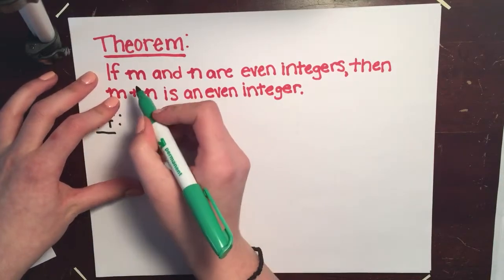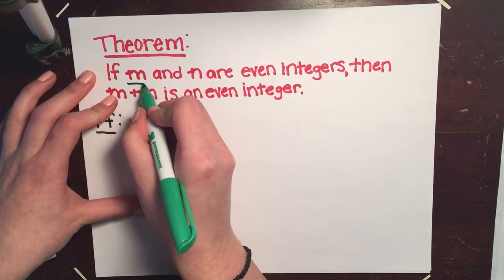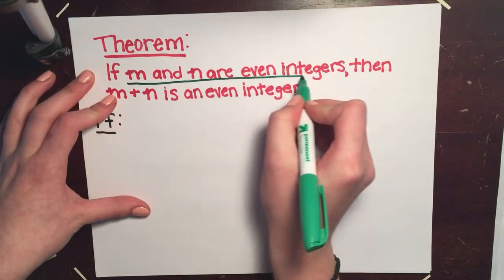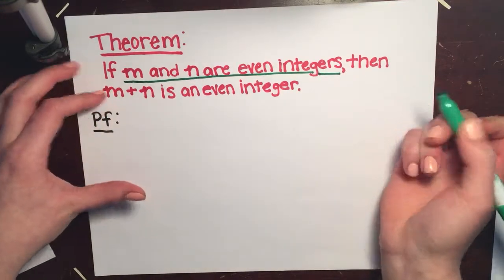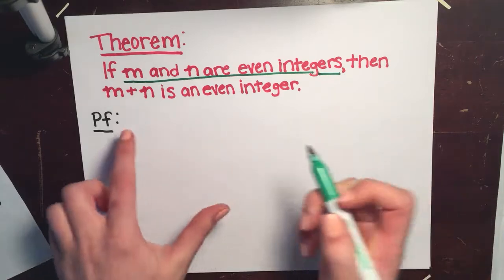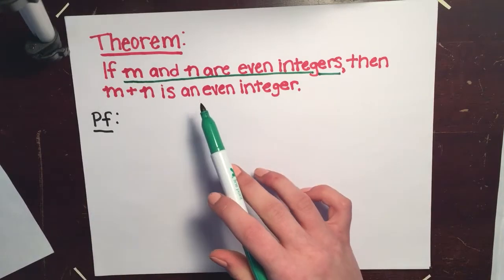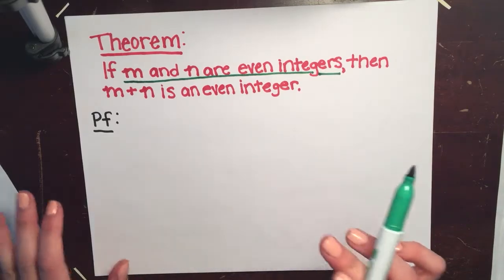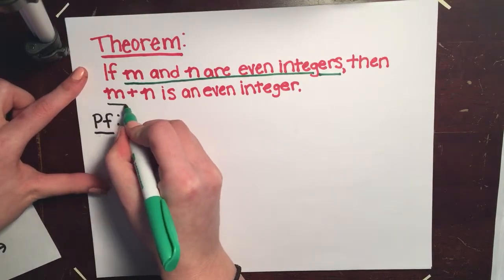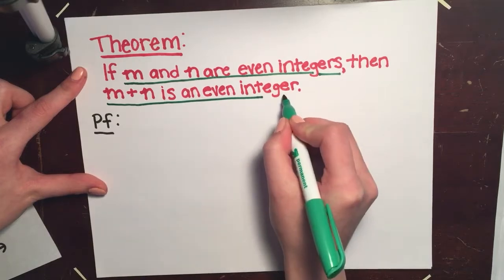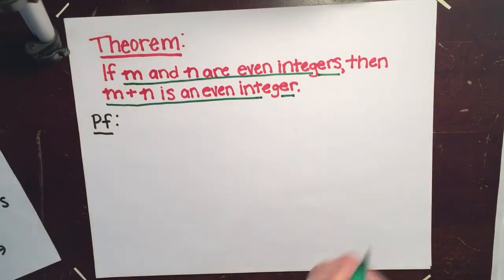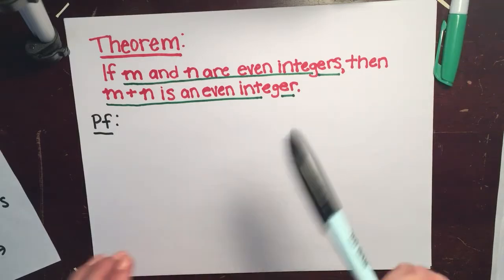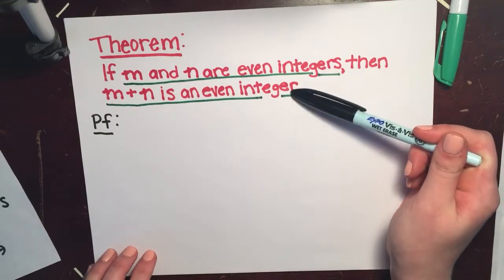The hypothesis is that m and n are even integers. We're first assuming the hypothesis, then we have the body, then the conclusion. The conclusion should be that m plus n is an even integer, so that's what we need to end with.